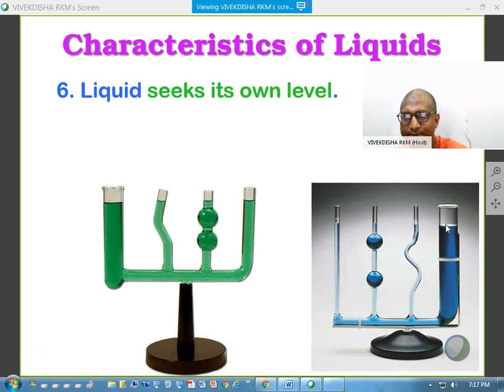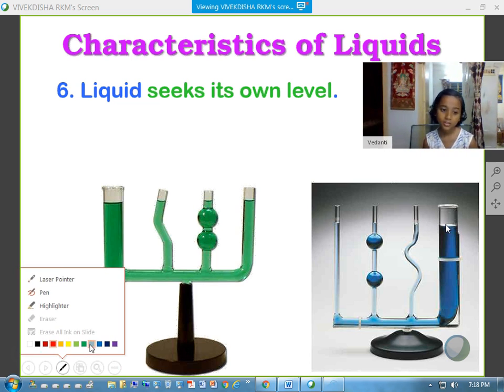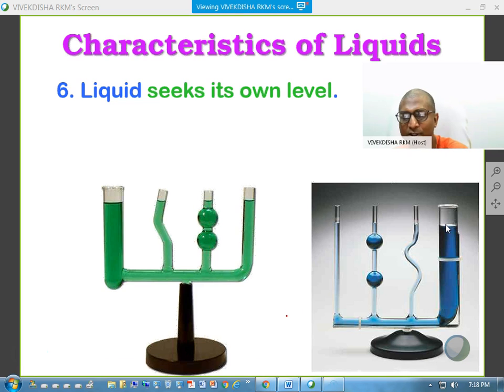Vedanti first. Liquid seeks its own level. Then what does it mean? What did it mean actually? Akash, Lina, what do you understand by this line? They are at the same level.